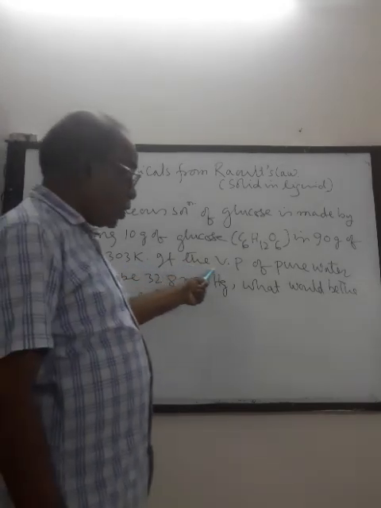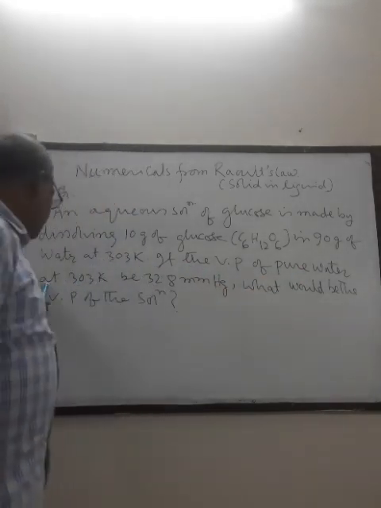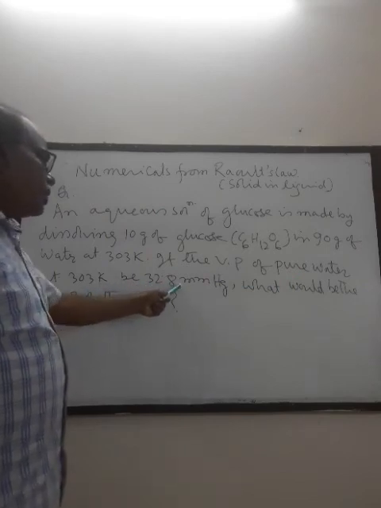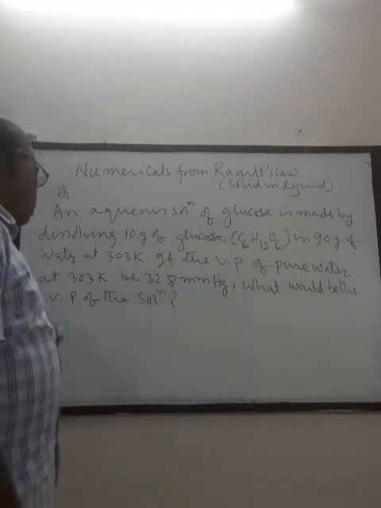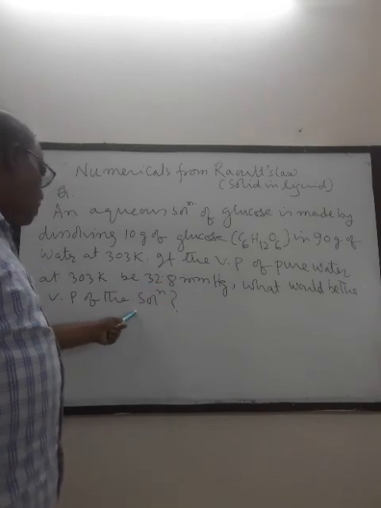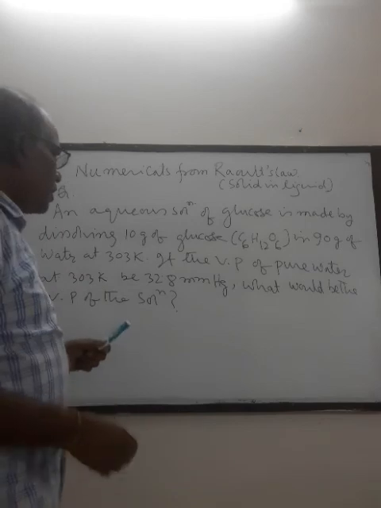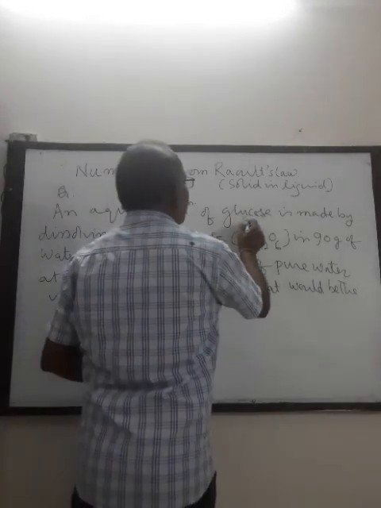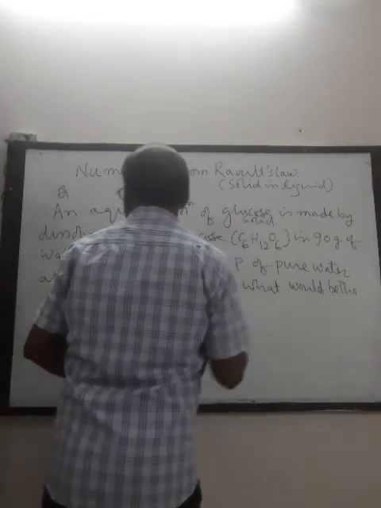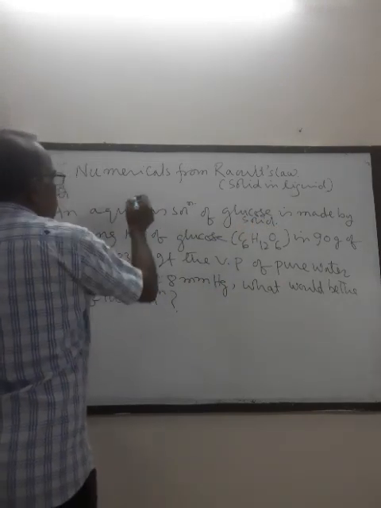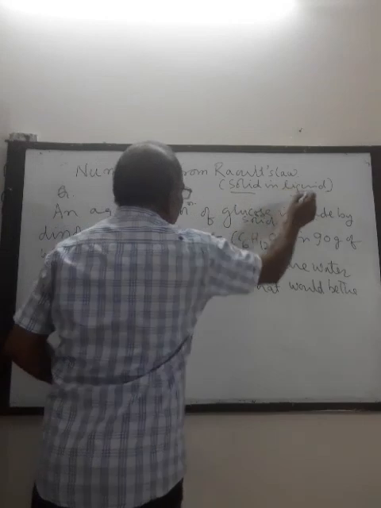If the vapor pressure of pure water at 303 Kelvin is 32.8 mm mercury, what would be the vapor pressure of the solution? So here glucose is solid, water is liquid. So this is a case of solid in liquid.